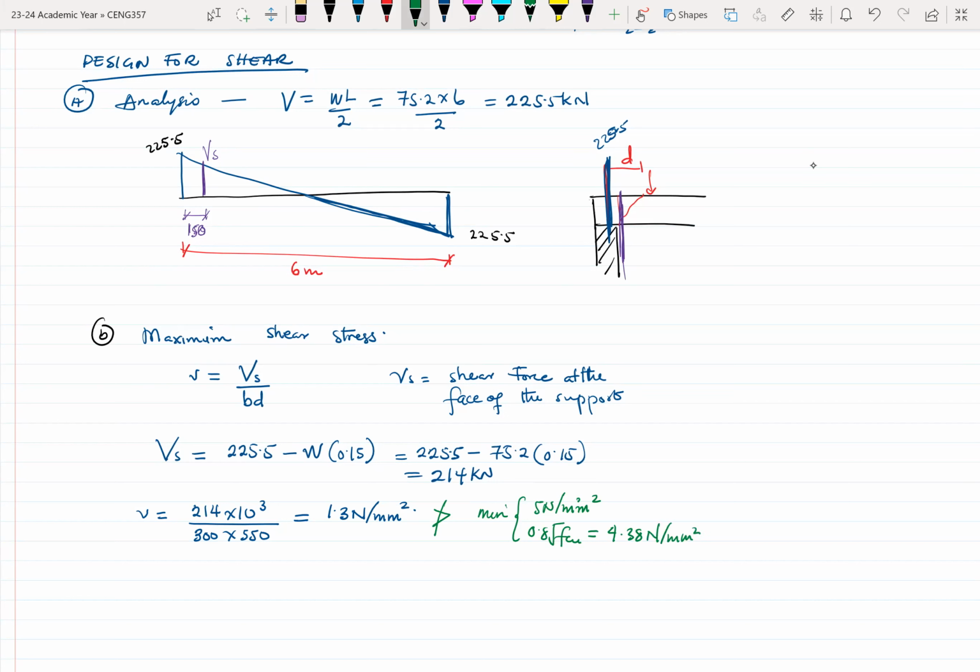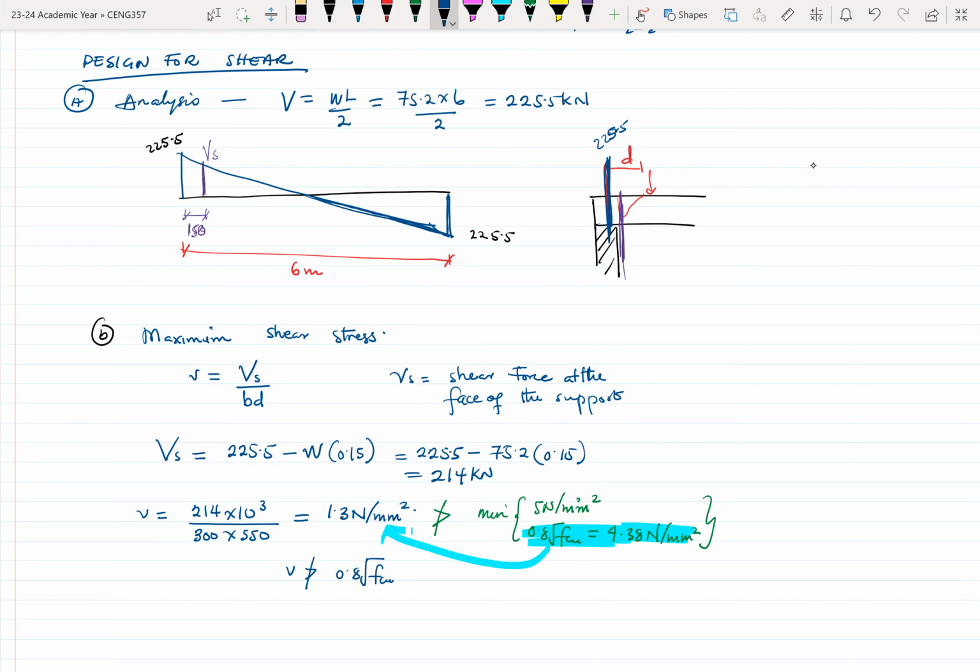Okay, so we choose the smaller value to compare with our v. All right. So once our v is not greater than 0.8 square root of FCU, we are good.